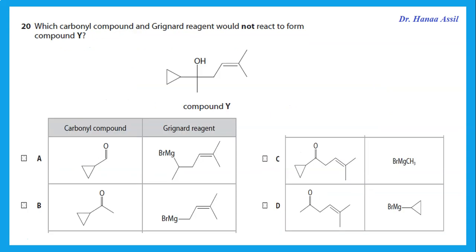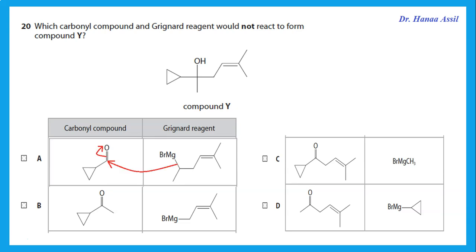Which carbonyl compound and Grignard reagent would not react to form compound Y? Remember, we use Grignard in organic synthesis, to prepare compounds. This is a reagent that would attack a carbonyl group. So which of these would not give compound Y?